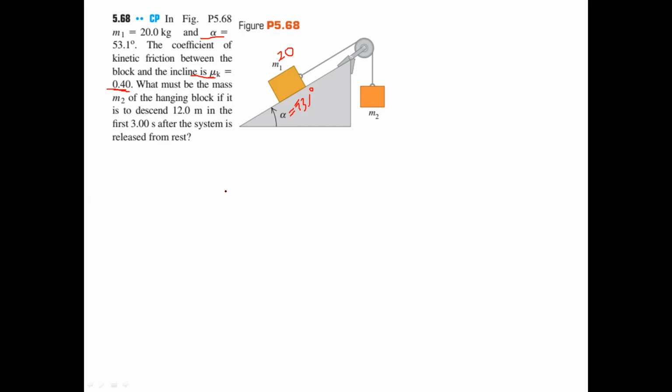Yes, hocam, thank you. No words, and let's return to the question. So here, what must be the mass M2 of the hanging block, if it descends 12 meters in the first 3 seconds after the system is released from rest? Okay, nice. And you have a time here, good.